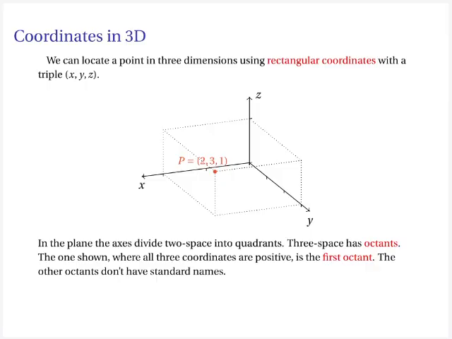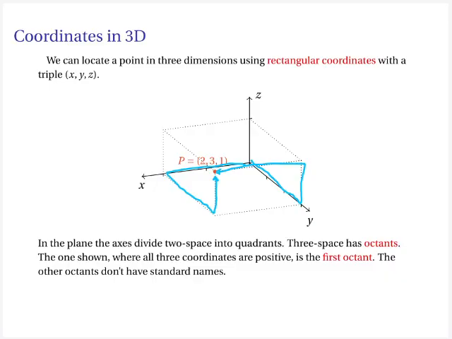So I happen to be looking at the point 2, 3, 1. So it's 2 in the x. So in some sense, you go out 2 in the x direction, and then you go 3 in the y direction, and then you go up 1. I suppose if you wanted to, you could go 3 in the y direction, up 1, and then 2 in the x direction. I suppose you could do that also.